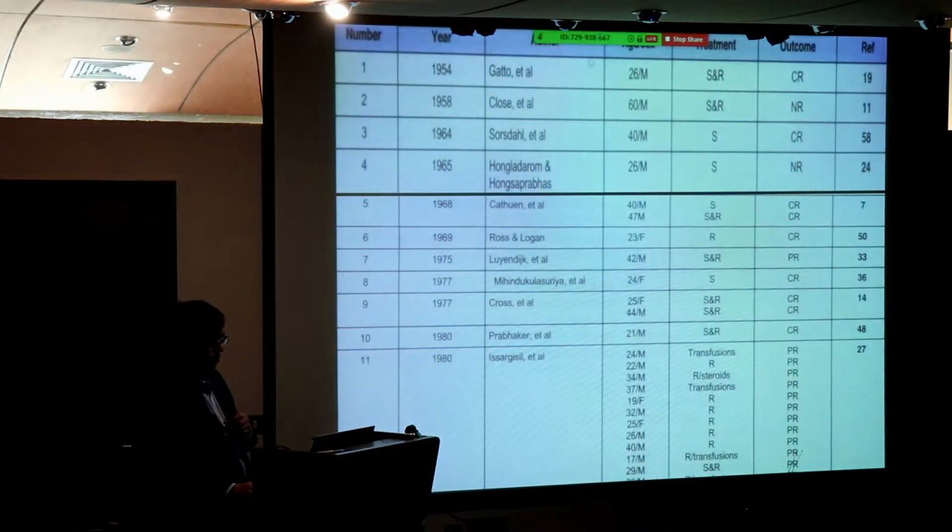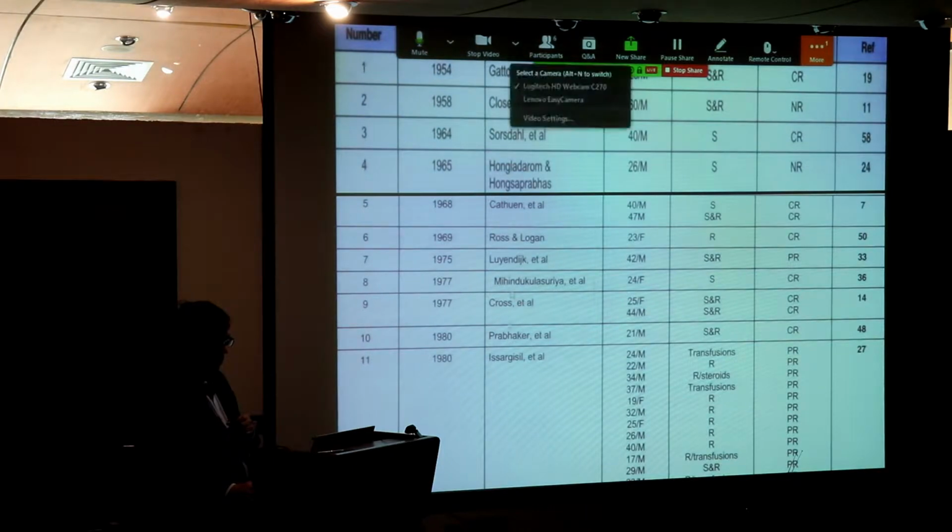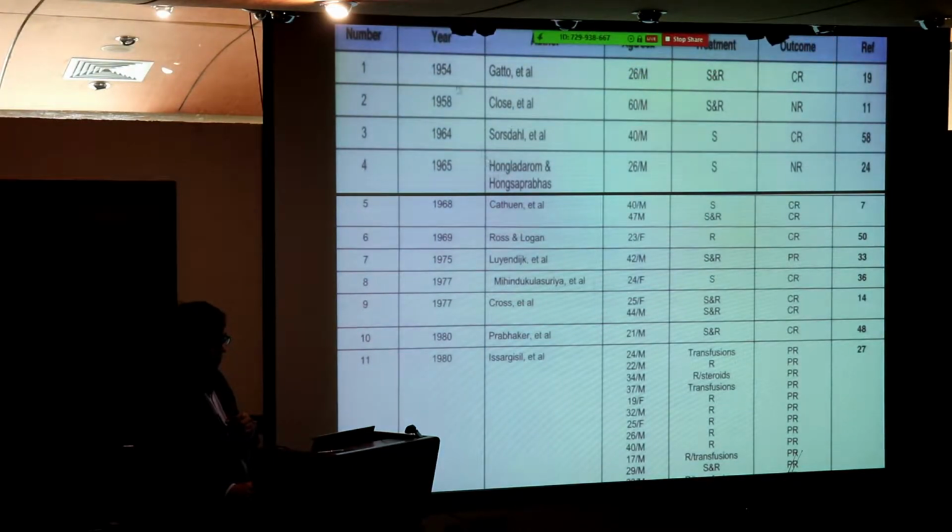I put it to you in this frame, starting year 54. Here the treatment was surgery and radiotherapy. In this case, in 64, it was just surgery, and so on. So it will tell you here in 1980, these cases were treated only with transfusion and steroids.